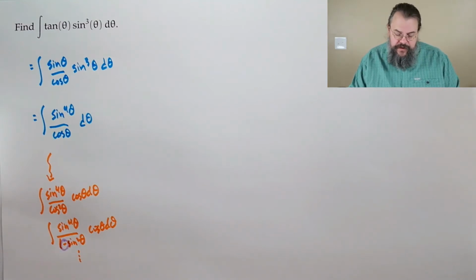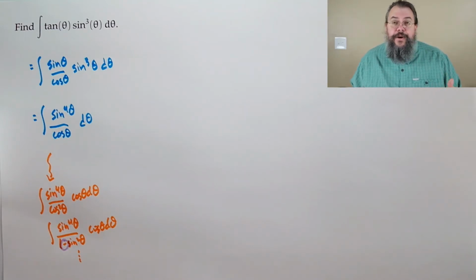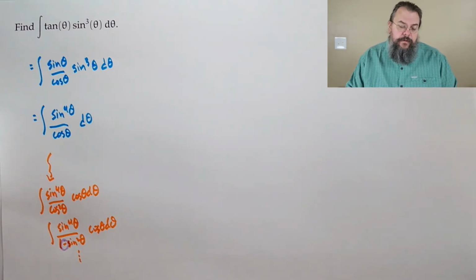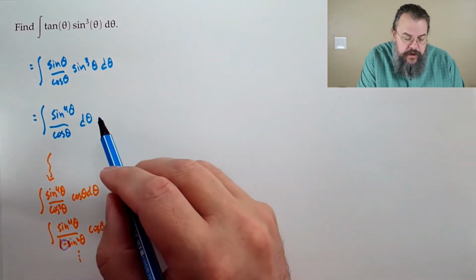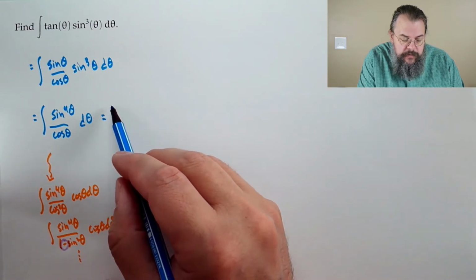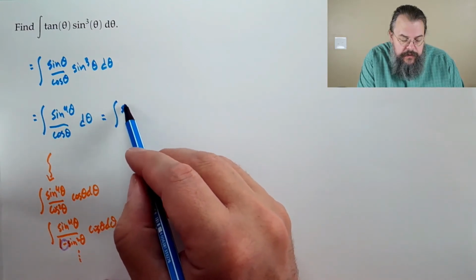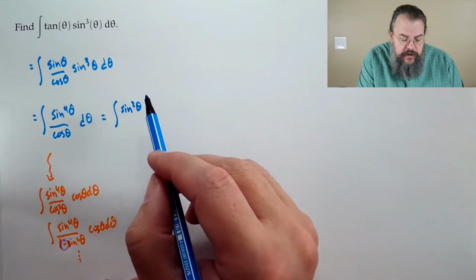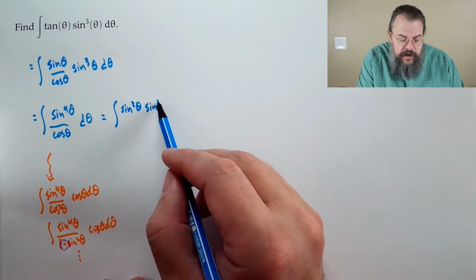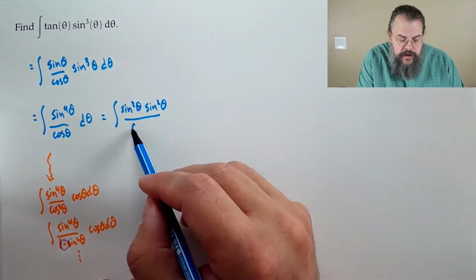Well, what can we pursue then? What we can pursue is we can look and say, look, sine to the 4th, what's a way to think about sine to the 4th? Well, one thing we can do is we can think about it in the following sense. Let's pull off a sine squared. So it's sine squared over a cosine.